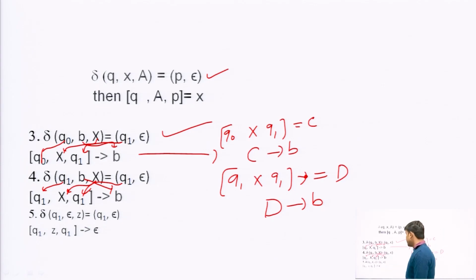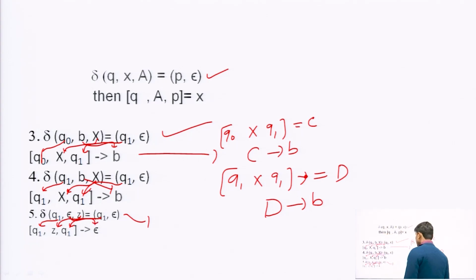So here is another production, the fifth production. Suppose this is q1 z q1: this is q1 and the stack top is z, and this is q1 and this is epsilon. The input, there was no input, so that's why this is epsilon.